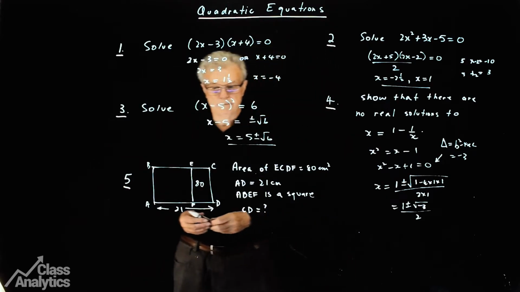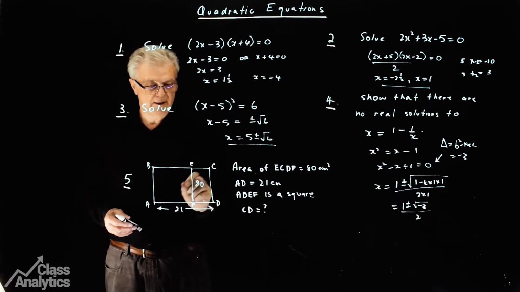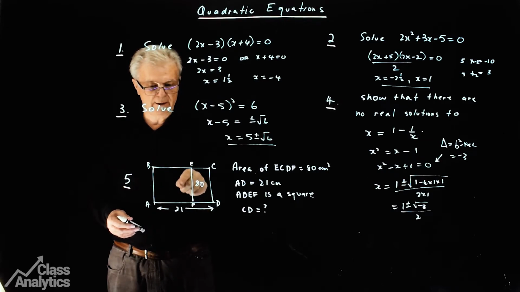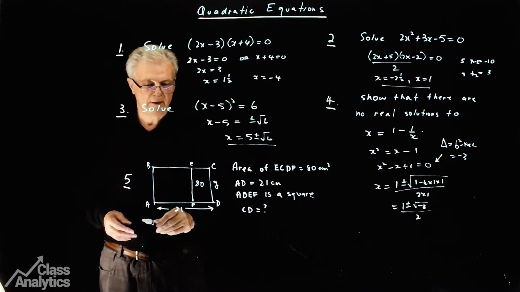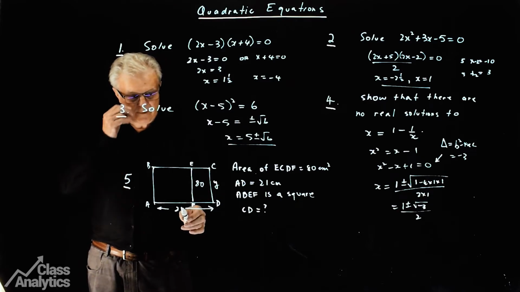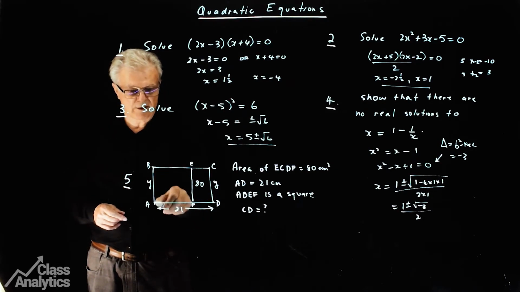All right, little problem. The area of this section here is 80, and we know this length is 21, and we know this is a square. So how do we work out the length of CD? Well, I'm going to let CD equal y. So that's y. This distance here will also be y on this side, and of course this is a square.